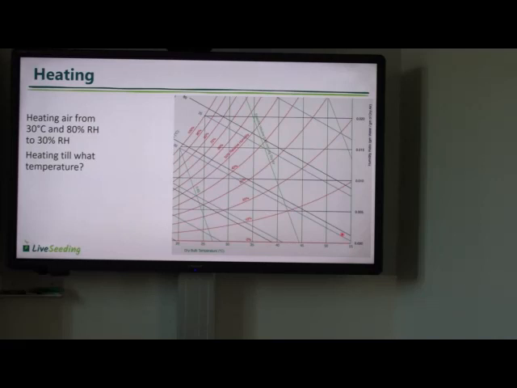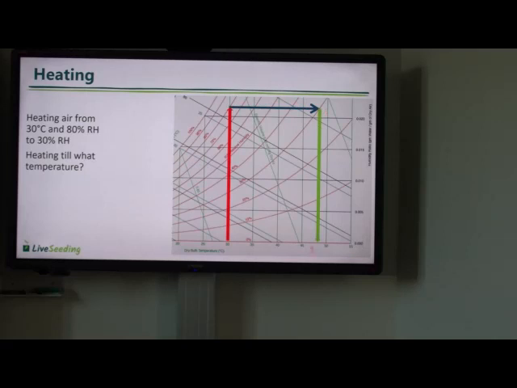And another example: you have 30 degrees and 80% relative humidity, and then you want to go to 30% relative humidity. This is typical for the tropics. You start at 30 degrees, 80% relative humidity, and you want to go to 30%.